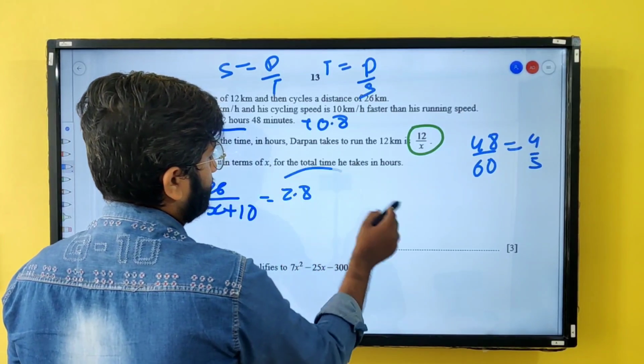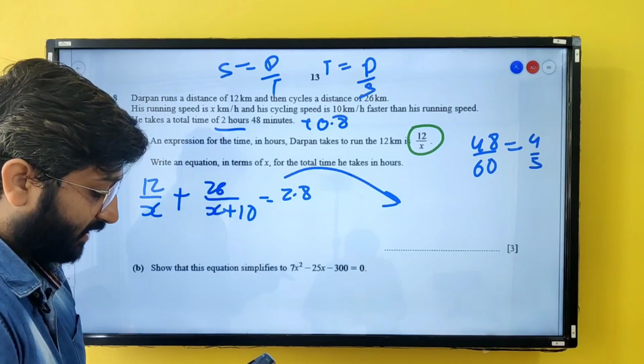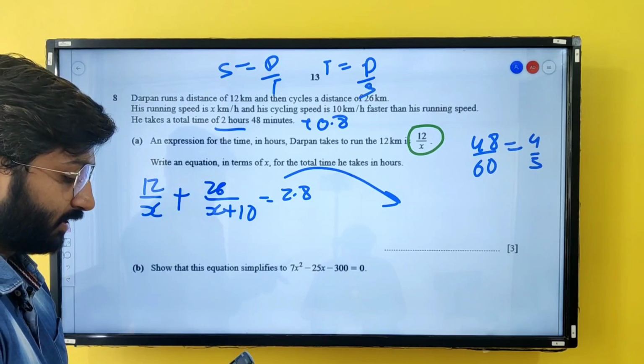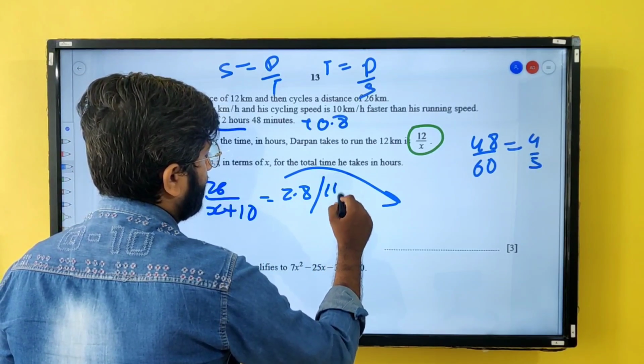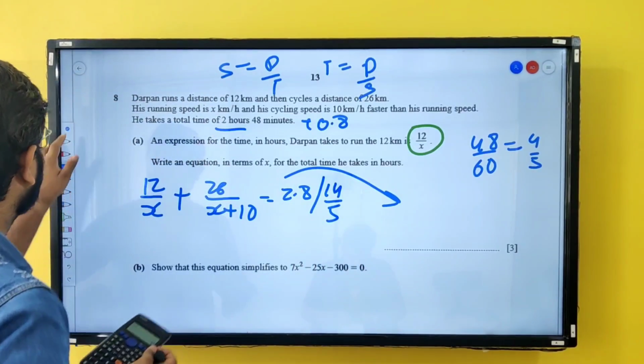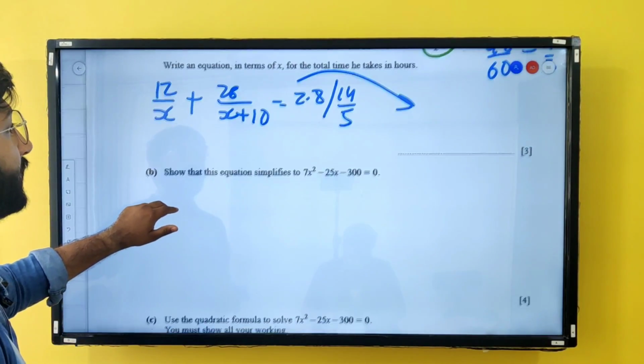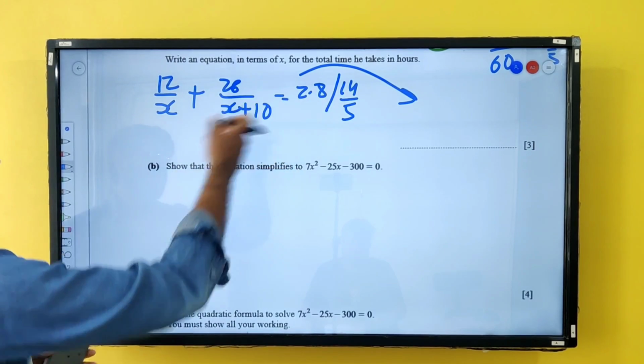So this is my equation. You can write 2.8 or you can write 14 by 5, whichever you like. I am writing it as 14 by 5.